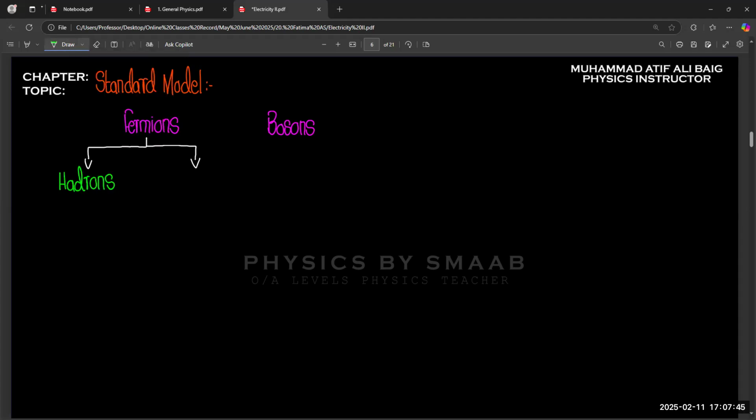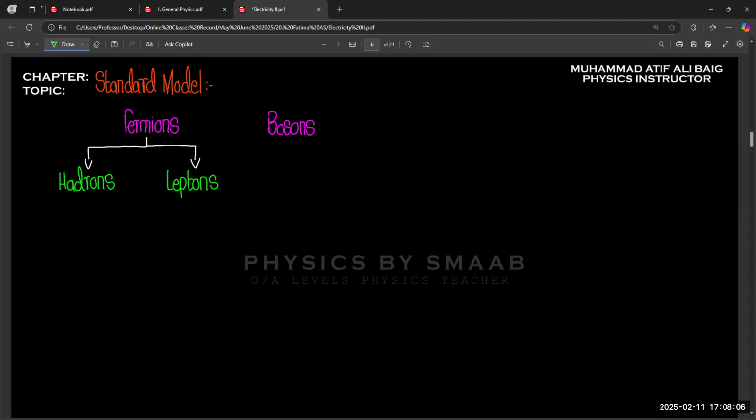Sequence and classification is very important in this chapter, because in questions they also used to ask about the categories, the classifications related to the particles. The second category is leptons.